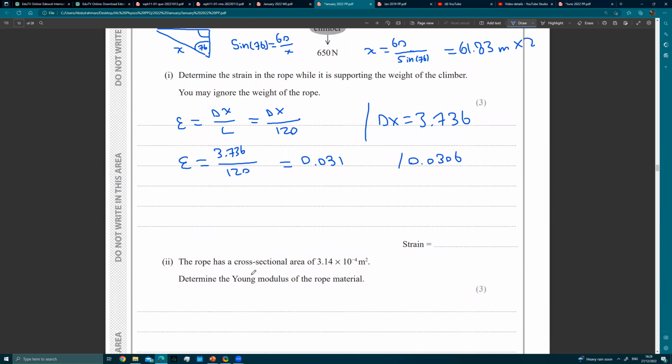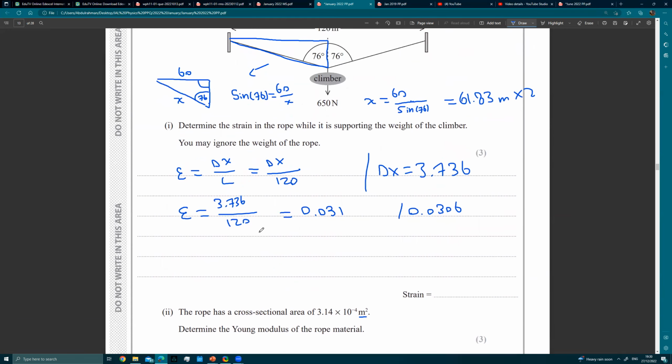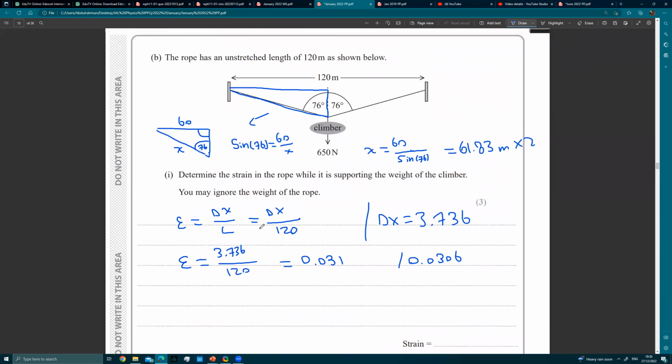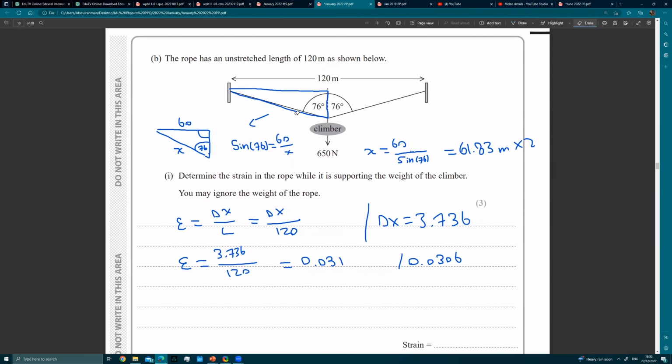The rope has a cross-sectional area given in meters squared. Yes. So I have a question. How are you supposed to know you're supposed to use SOHCAHTOA there? Because you're trying to work out the new length, right? Because you want the extension, and this is the new length. So if I could work out the size of one, I could work out the size of the other.